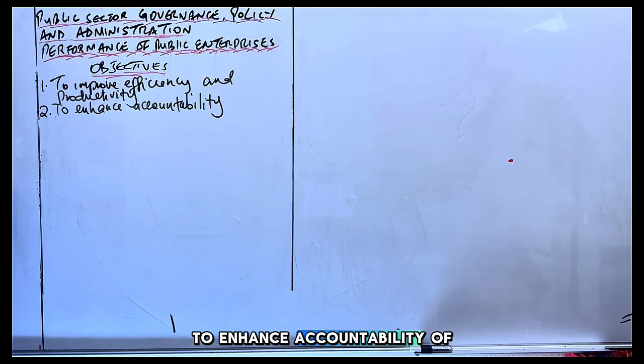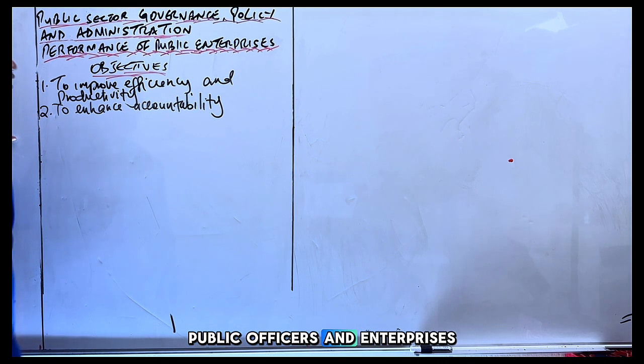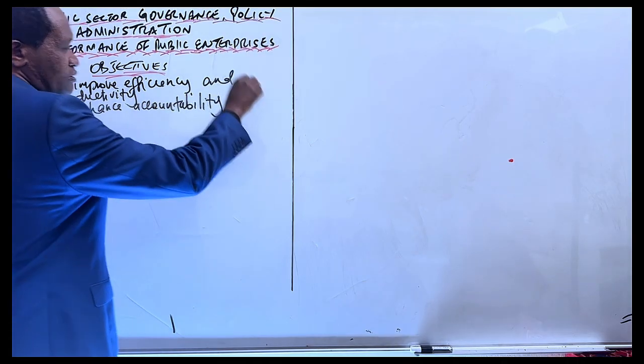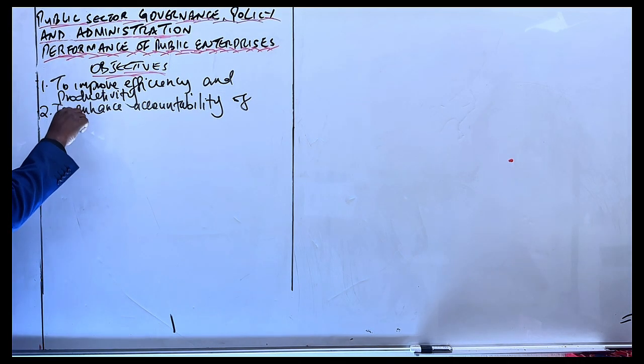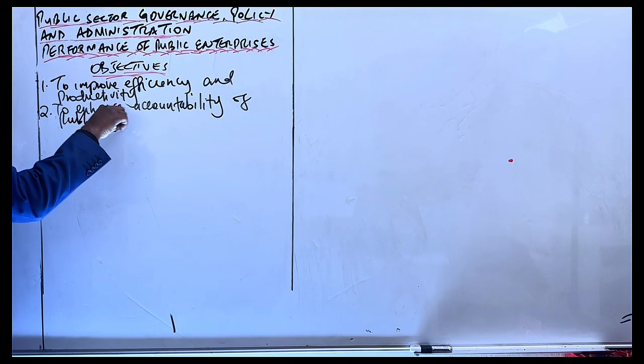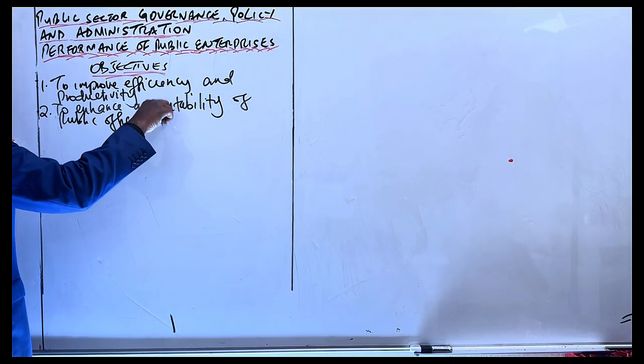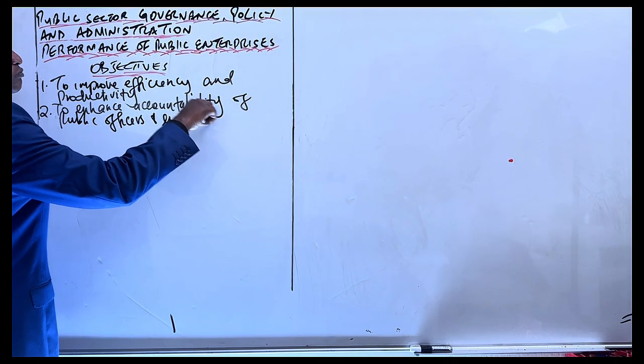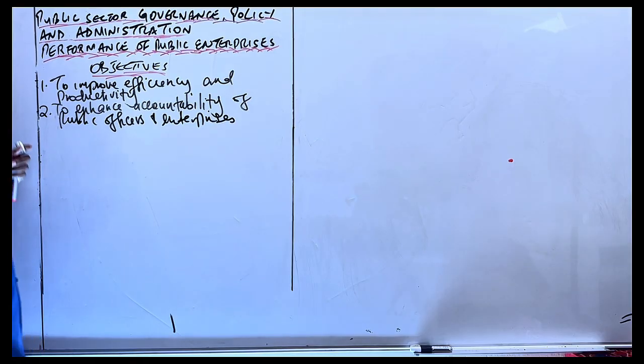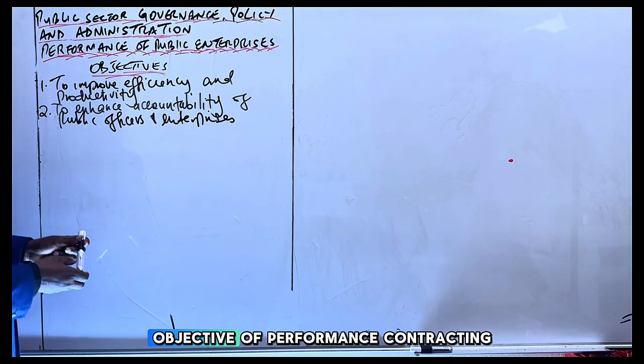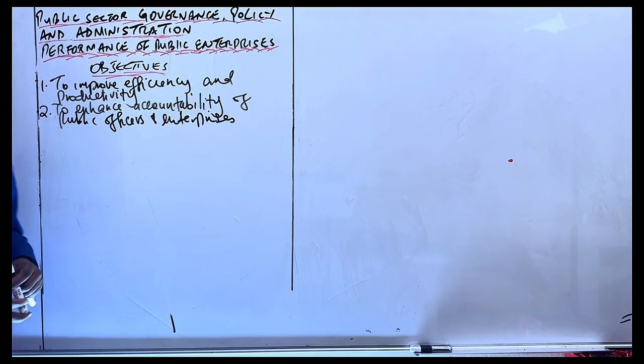To enhance accountability of public officers and enterprises. That is the second objective of performance contracting.